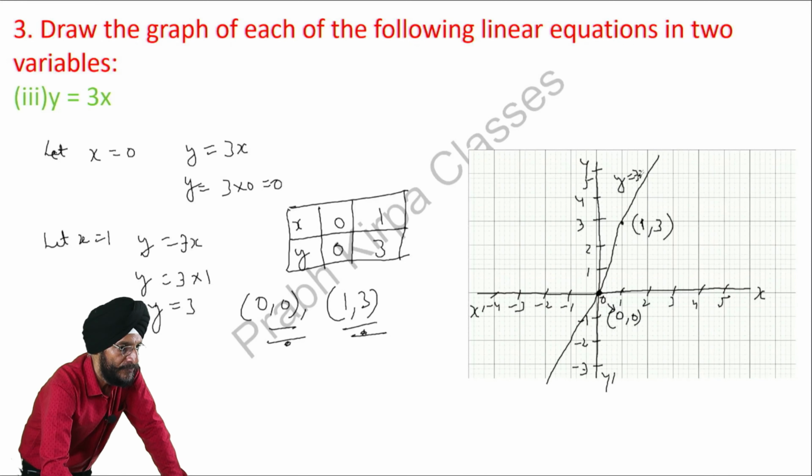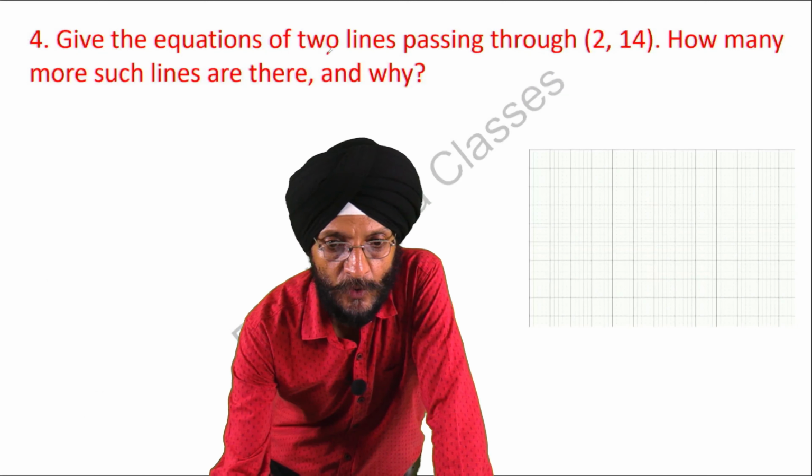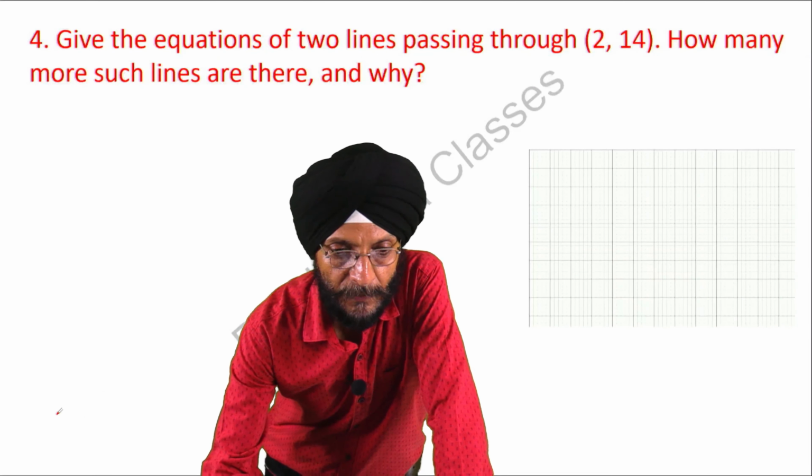Now the question before us is: give the equations of two lines passing through (2, 14). How many more such lines are there and why? Firstly, we should understand the meaning of giving the equations of two lines passing through (2, 14).